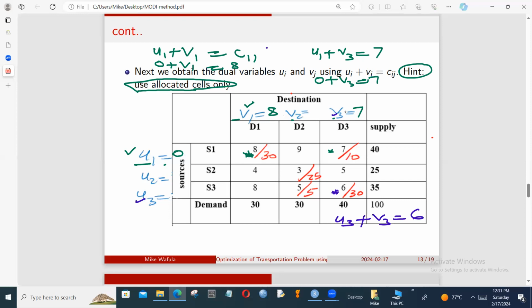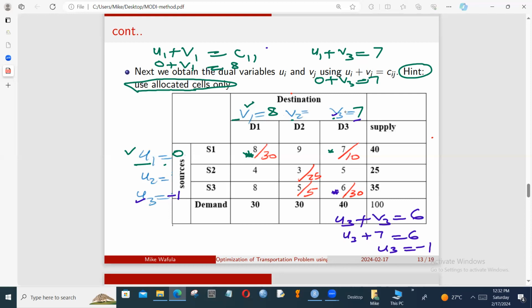You know V3 is 7, but you don't know U3. But this gives you 6. So what would be the value of U3? U3 is going to be -1, correct. So you now have U3 as -1.